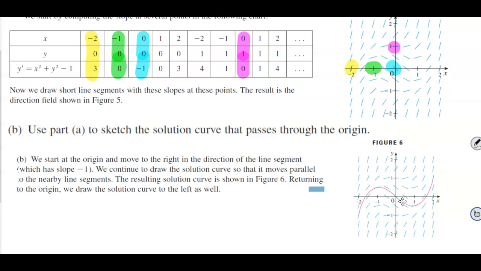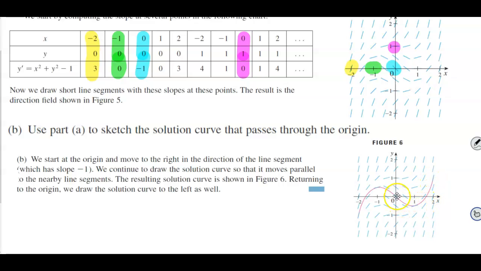Then we continue to draw the curve so that it moves parallel to the nearby segments. So this one has to move parallel to this segment here, and then as it moves over here, it has to turn. As it keeps going, it keeps changing according to the little segments, because they represent the direction field.